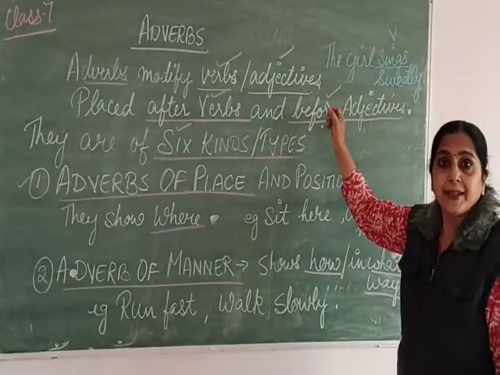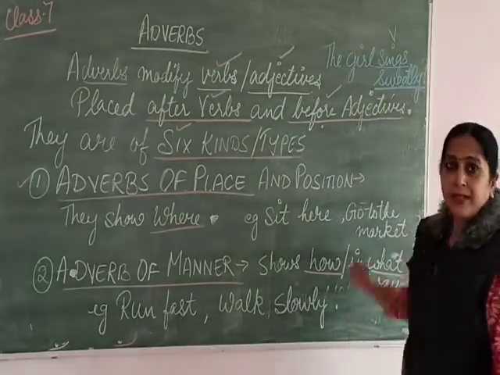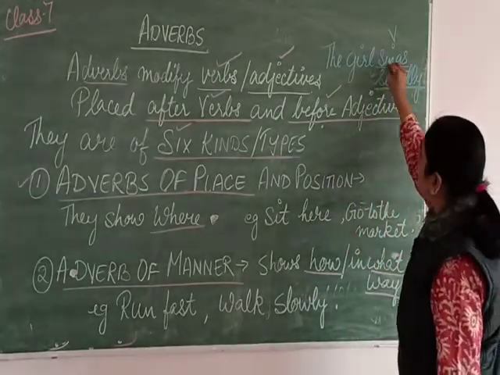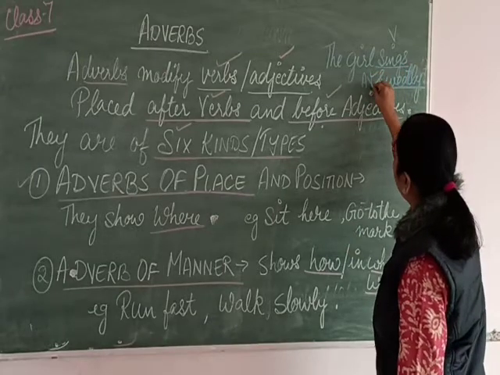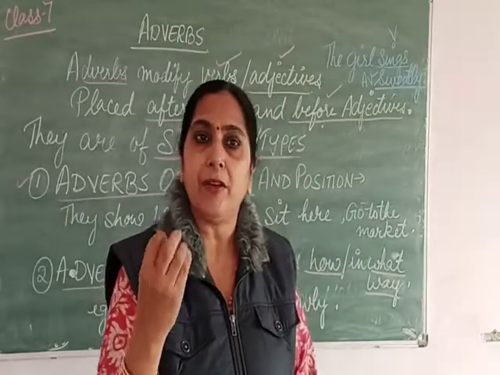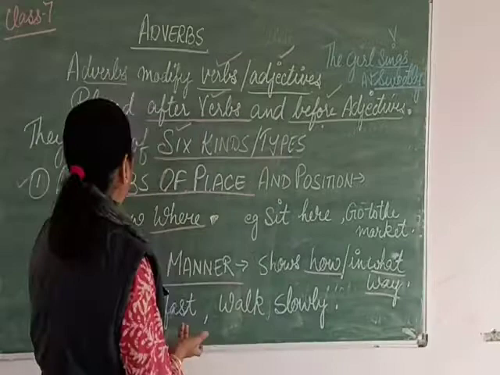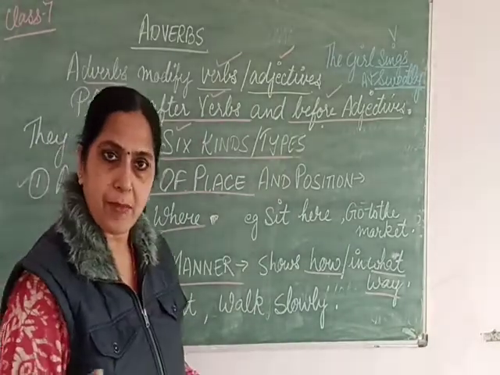How does she sing? It identifies how. She sings sweetly. So sweetly is the adverb. You understand? So any word which modifies a verb or an adjective is called an adverb. Right? So the concept is clear?